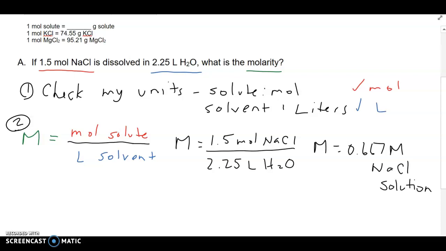So that's how I say that. 0.667 molar NaCl solution. So that's how much my concentration is for example letter A.